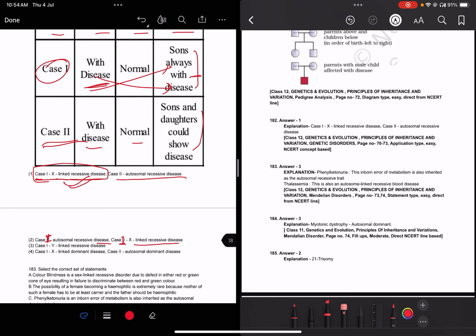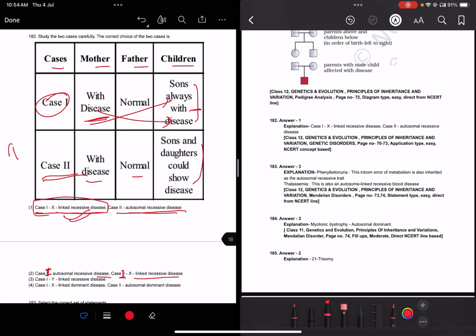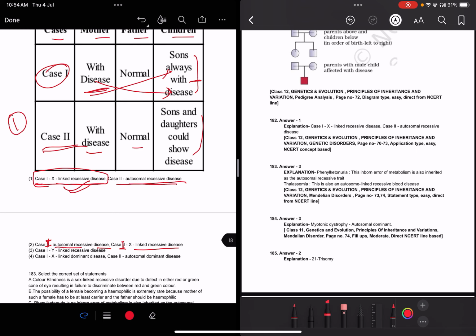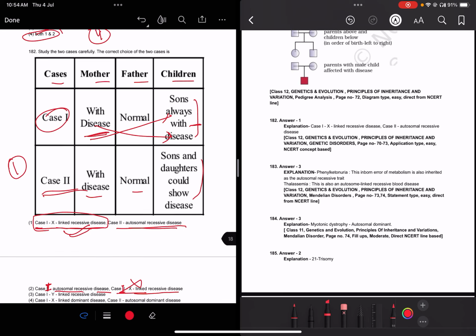Case 2 is an autosomal recessive disease. So the answer is 1 only for question 182.